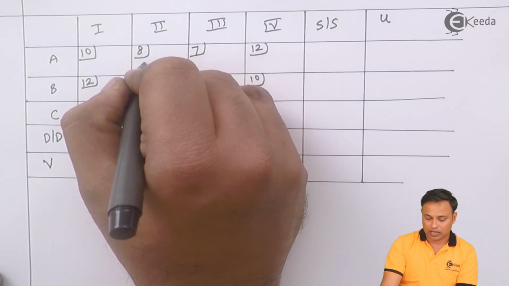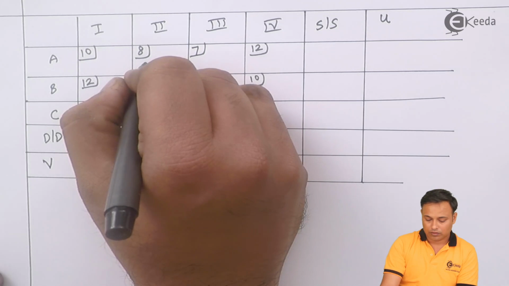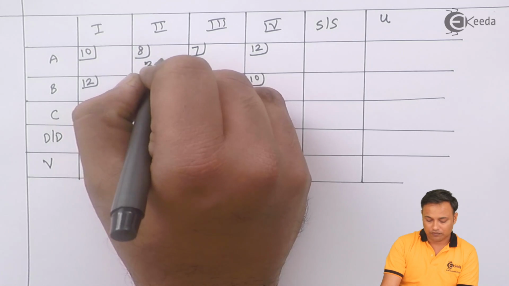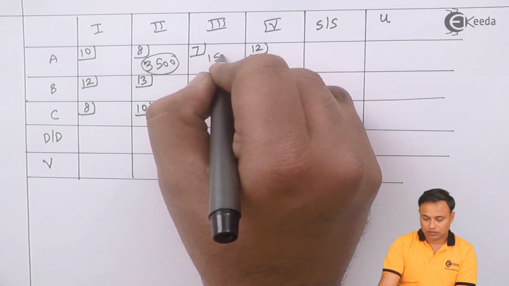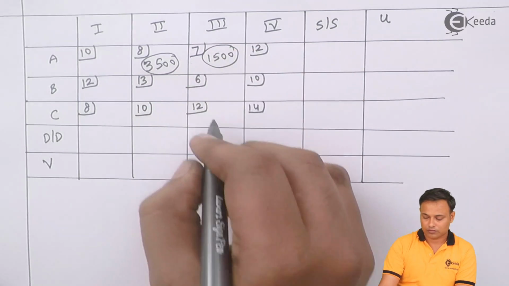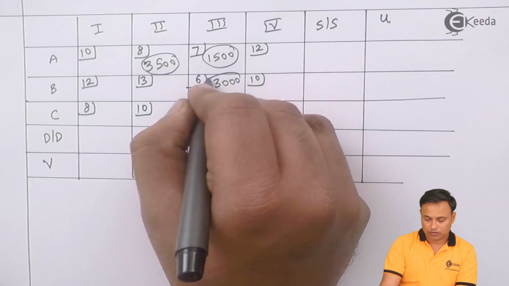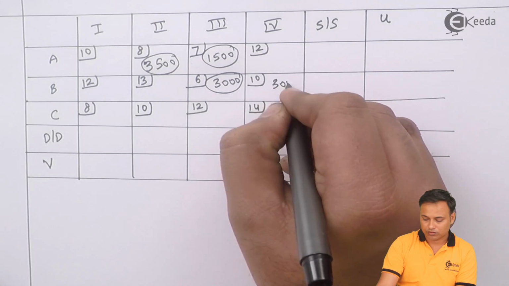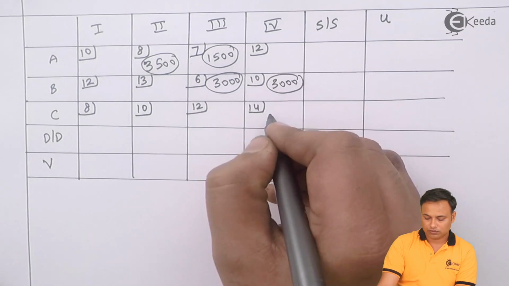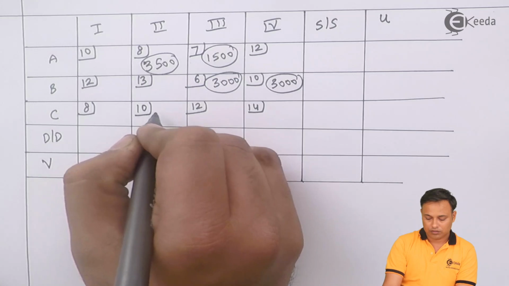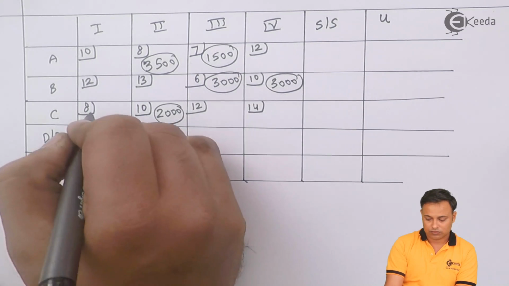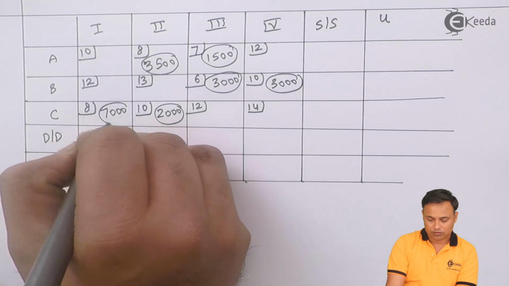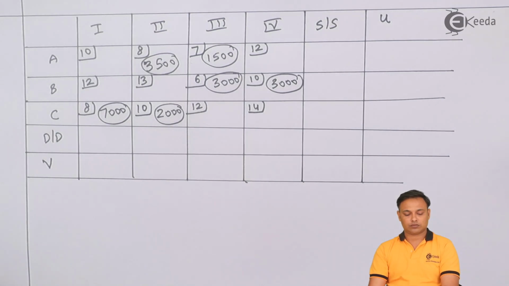My new values here are 3500, 1500, 3000, 3000, 2000, and 7000.